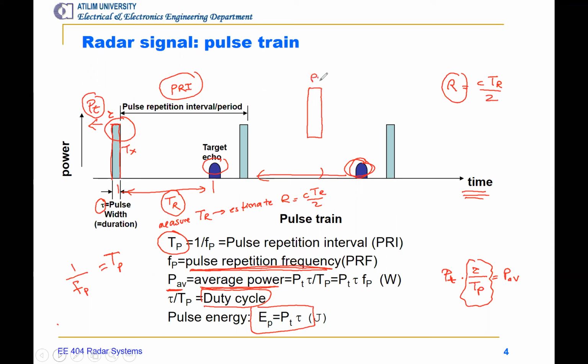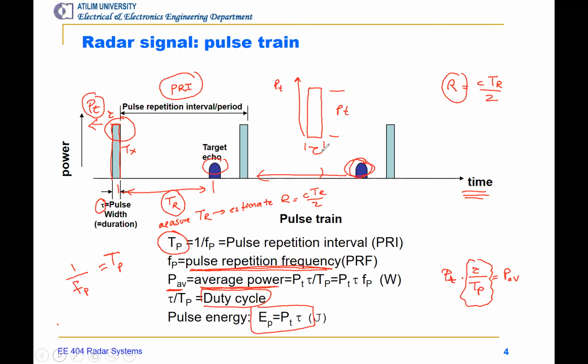This is not correct. I'm sorry. Better to use this one. Here is the peak power, PT, while this is tau. So PT times tau gives you the area of this rectangle, which is energy.